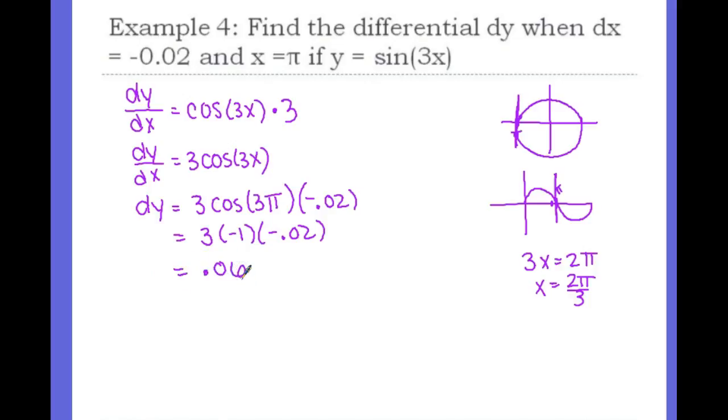Just think about 3 times 2, adding back your decimals. So that means as we go negative 0.02 units to the left, y is changing by 0.06 units. Because it's positive, y is increasing. So y is increasing as x decreases.